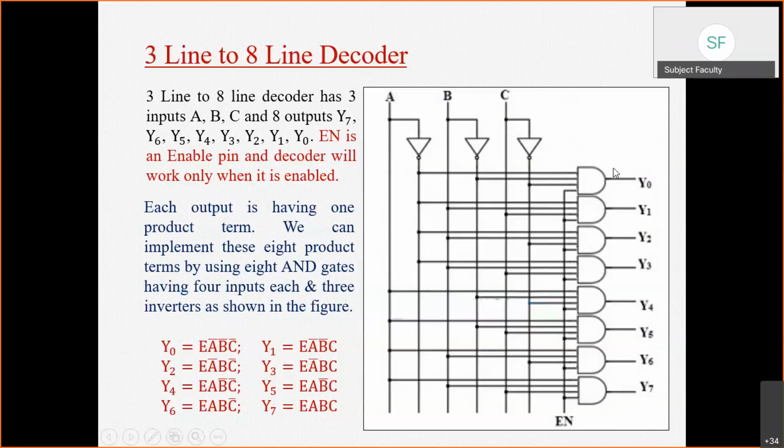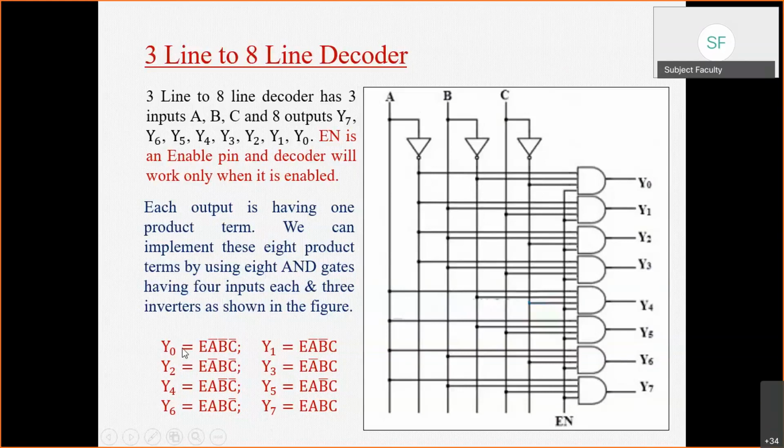While discussing the general decoder structure itself, we said that the outputs are nothing but minterms. From this combination, you can write the various expressions for Y0, Y1, Y2 up to Y7. For Y0, it equals E into A bar, B bar, C bar. You can observe that the enable pin is taken as E; one input is E, another is connected to C bar, this is B bar, and this is A bar.